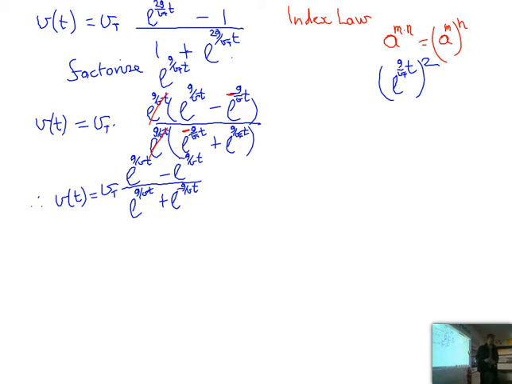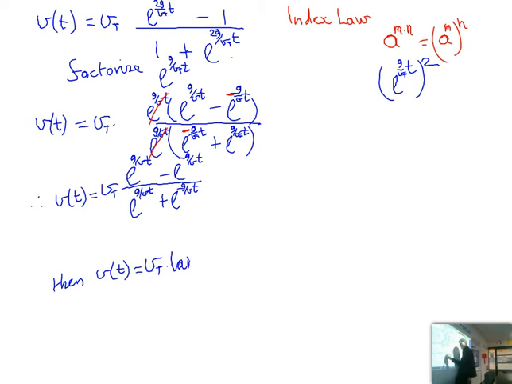Yes. Or a sinh? That's right. In fact, the numerator is a sinh function, or the form of a sinh function. The denominator is a cosh function. So overall, it's a tanh. It's a hyperbolic tangent function. Okay? We end up with a hyperbolic tangent function.